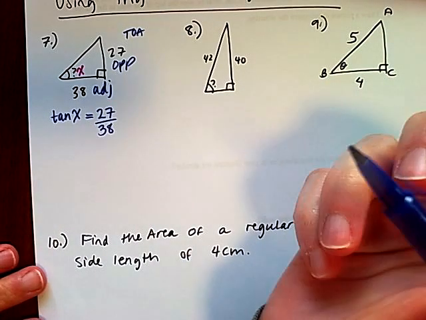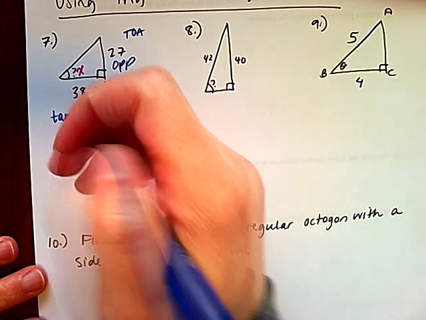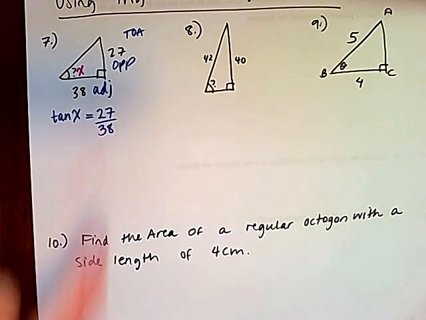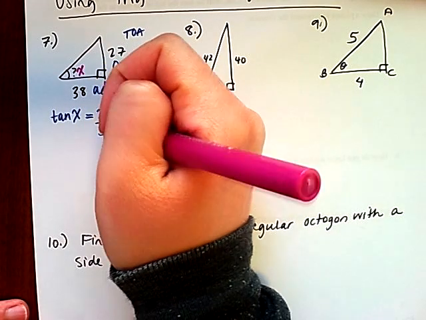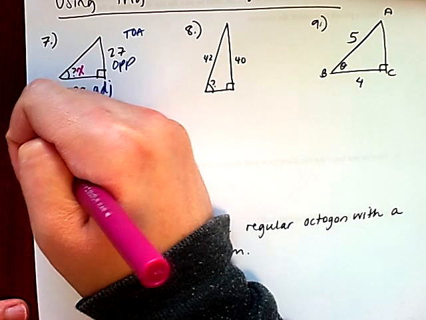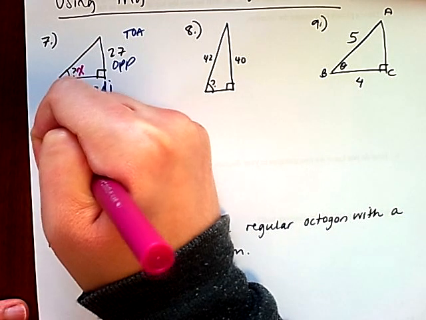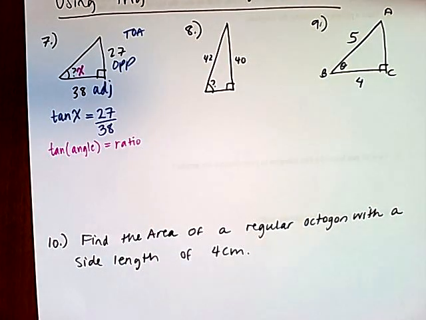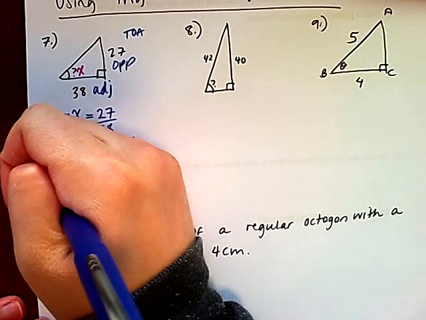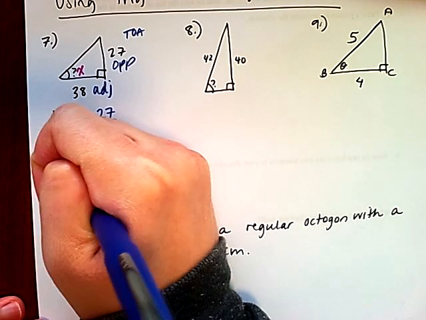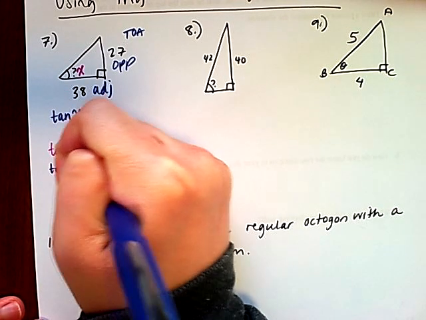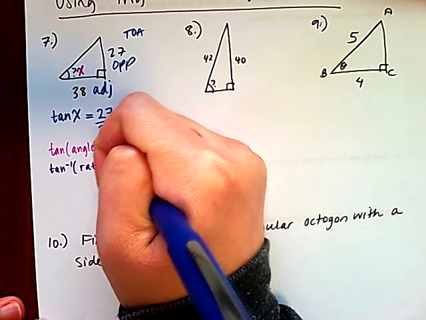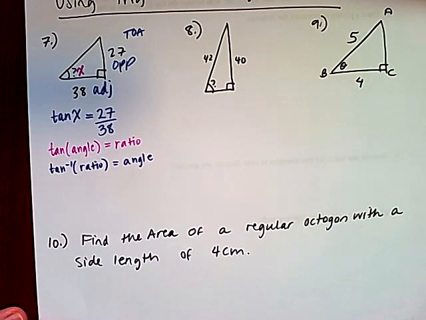So here in tan of x equals 27 over 38, we take tan of an angle, and we spit out a ratio, right? So now the reverse, or tan inverse, says take tan inverse of a ratio and it will spit out the angle, okay?